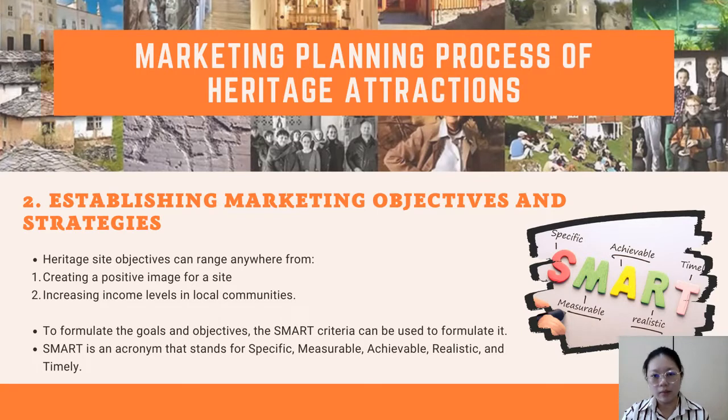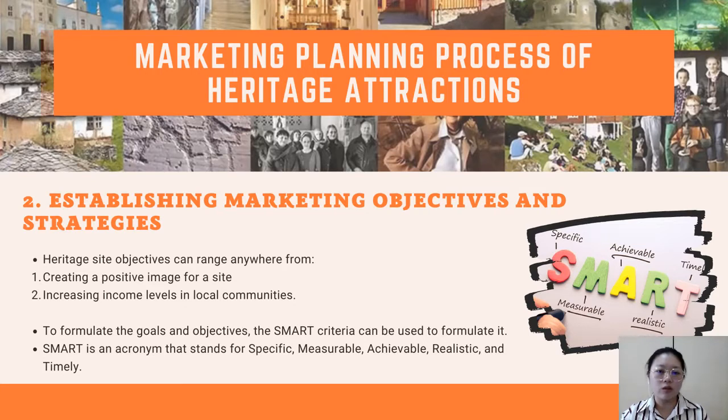The next step is to formulate goals and objectives and establish the strategies for reaching them. For instance, the heritage site objective can range anywhere from creating a positive image for a site to increasing income levels in local communities.